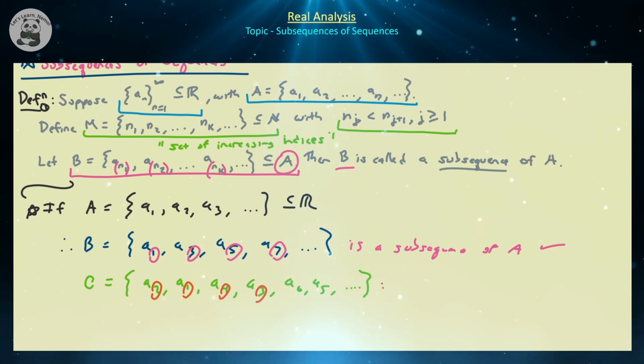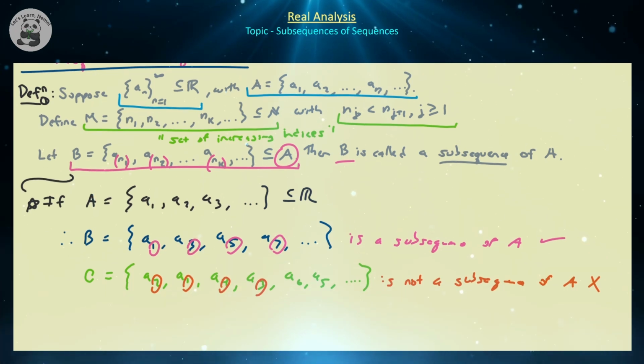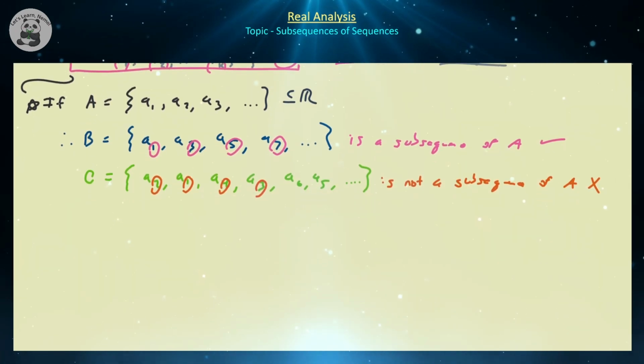Therefore, this is not a subsequence of A. Even though it does contain a subset of the terms, the presentation and the order of those terms must be preserved. So that's a requirement.